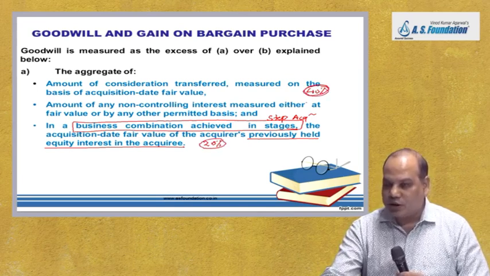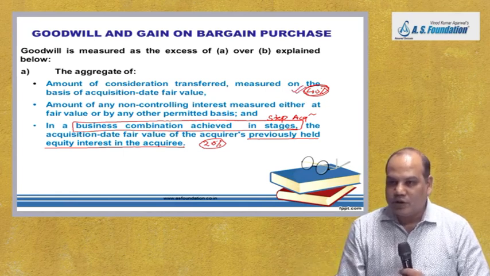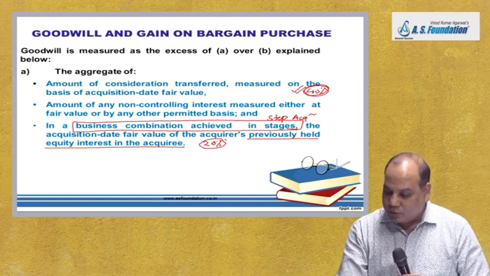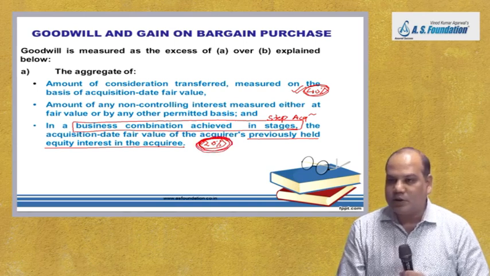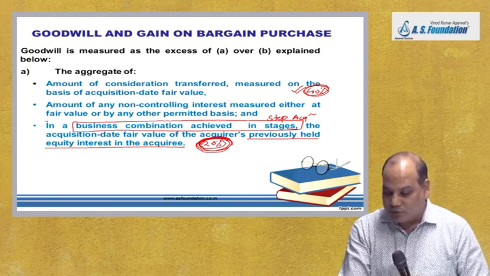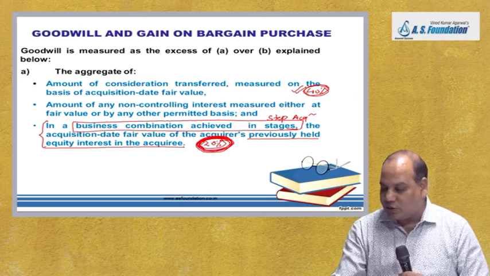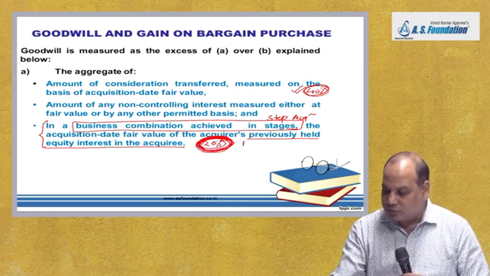So consolidation will start from this date, the date you acquire the control. Now for goodwill calculation, I will take the fair value of this 20% stake. Okay, we have discussed in the previous chapter IFRS 3 also. We will take 20%, that is the fair value.